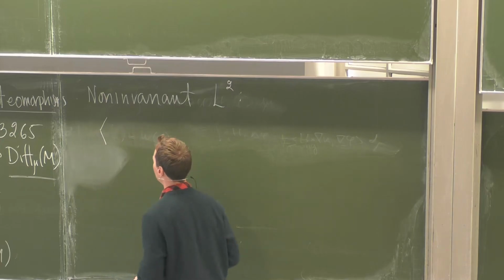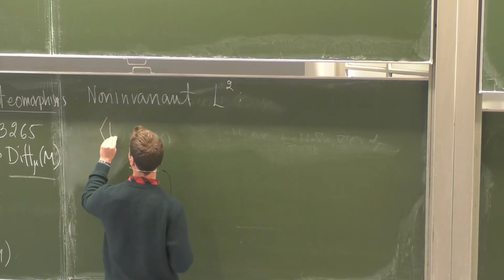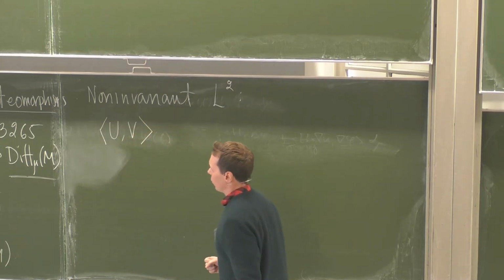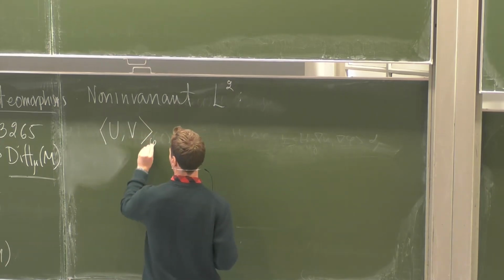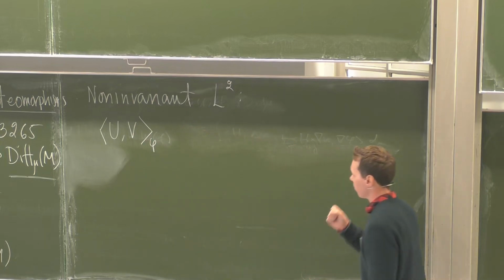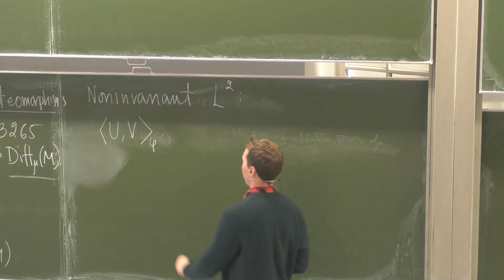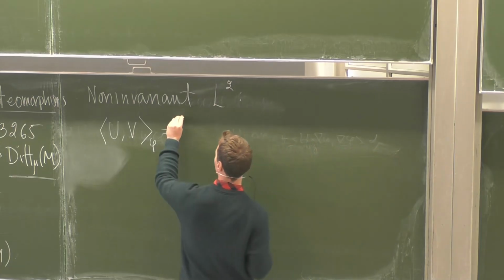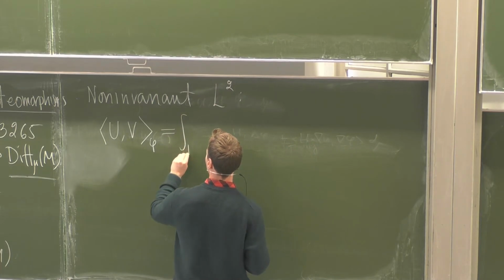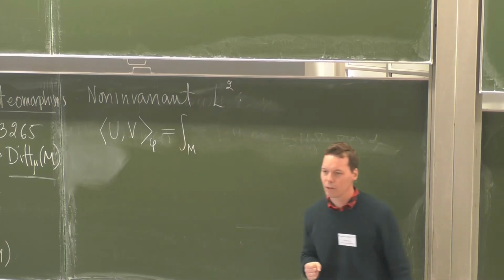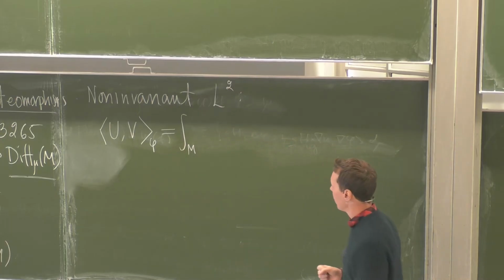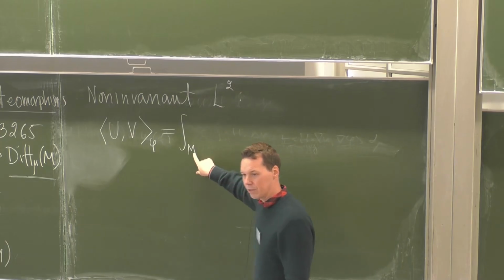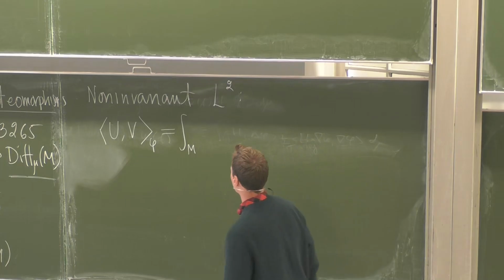So I take two tangent vectors, u and v, to the space of diffeomorphisms sitting above some point phi. Now actually I require my manifold M to be Riemannian. So I assume now that there's a Riemannian structure.